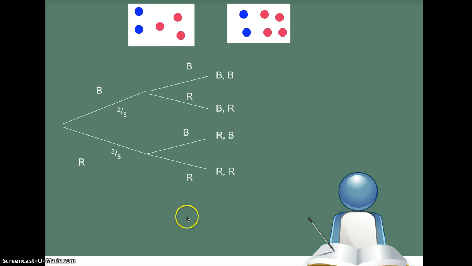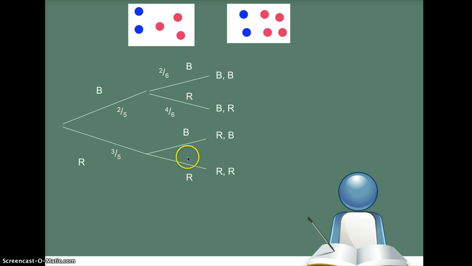On the second branch, this represents the second bag. So for the blue counter, the probability of getting a blue is 2 because there are 2 blues over 6 because there are 6 counters in total. So for blue is 2/6 and for red is 4/6.